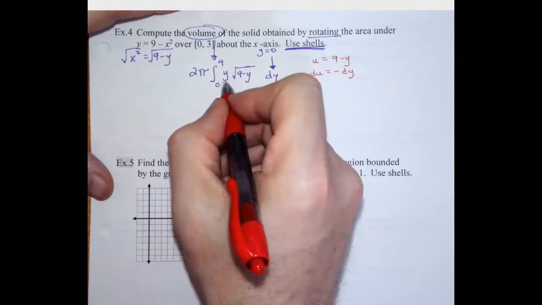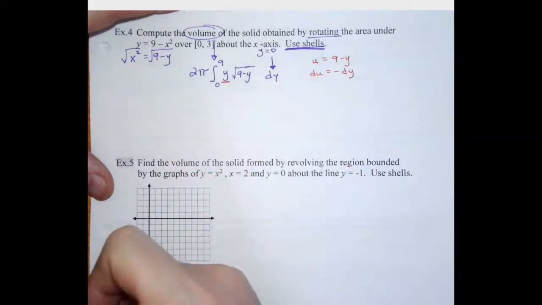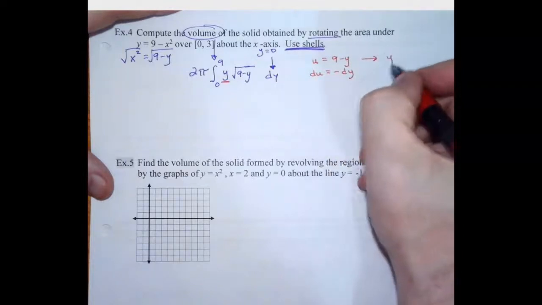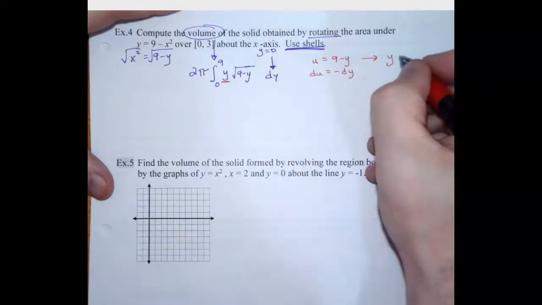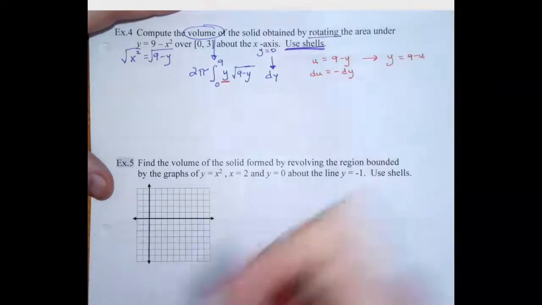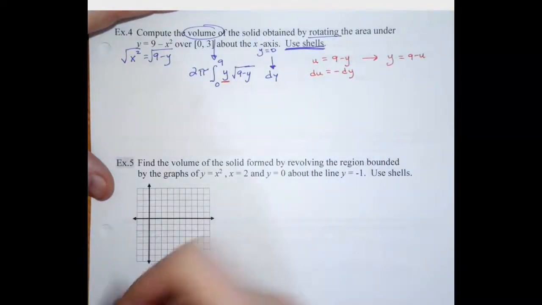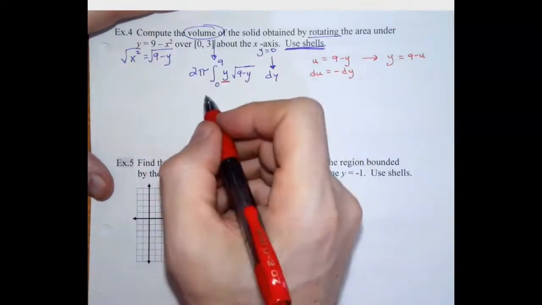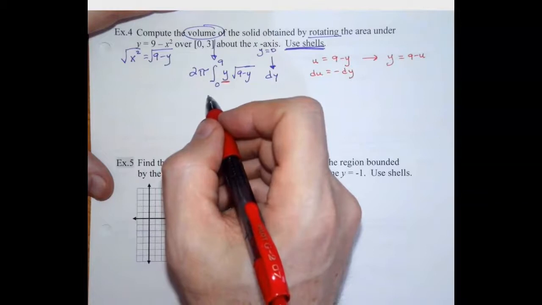We've done this before, but we have this extra y out here. So what we need to do is solve this for y. If we add y and subtract u, we find out that y equals 9 minus u. So that's kind of that extra step that they don't usually have on the AP exam. Okay, so we're going to make some changes here.